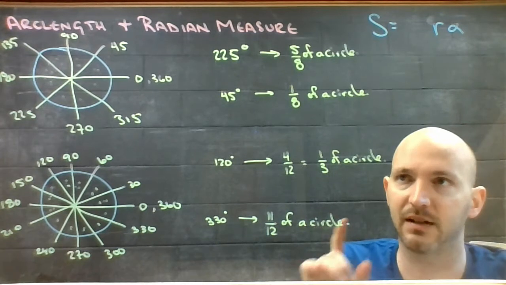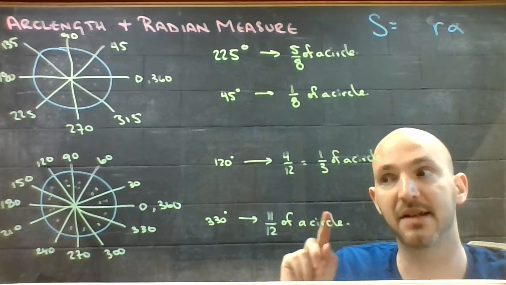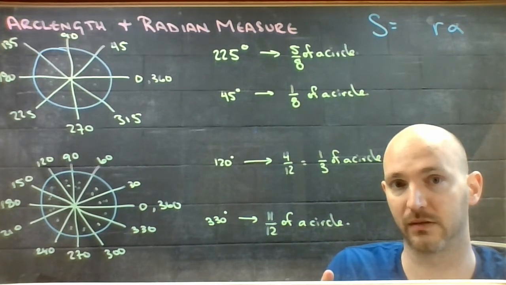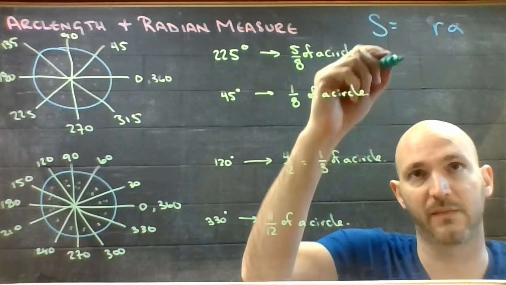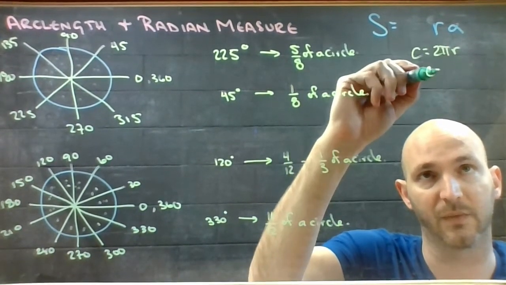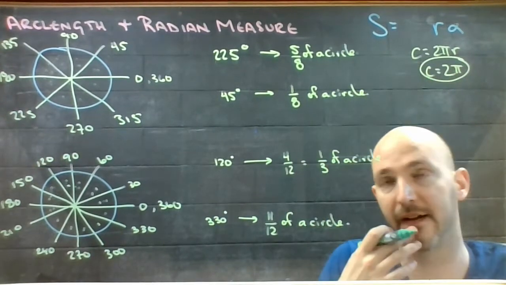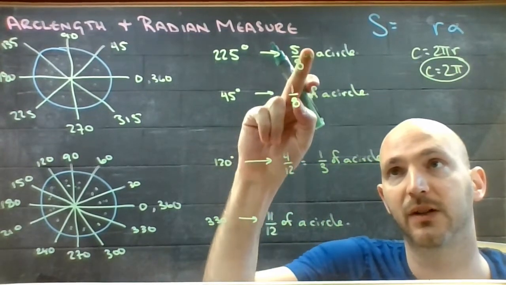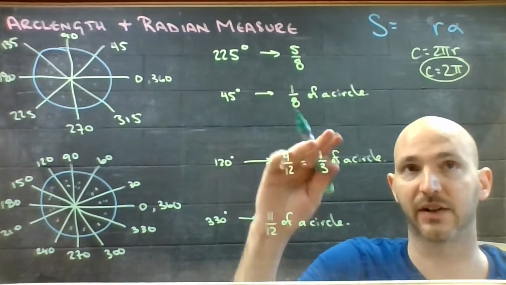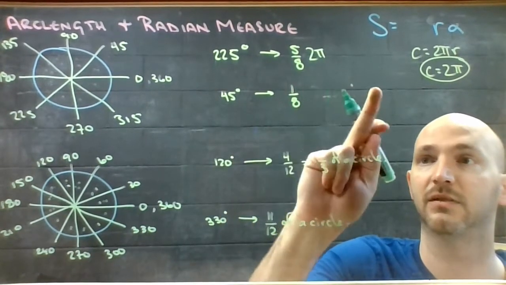So if instead of a circle, I erase that and I replace it with the circumference of a circle with radius 1. So circumference is 2 pi r. If the radius is 1, the circumference is just 2 pi. So if I go through and I do that, replace a generic circle with this specific reference circle.